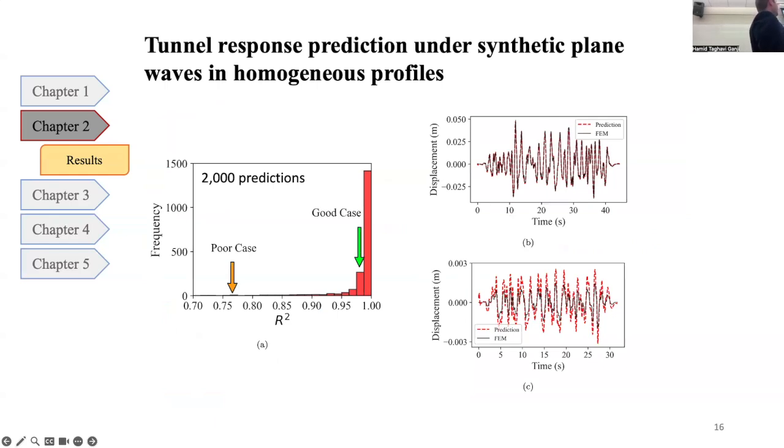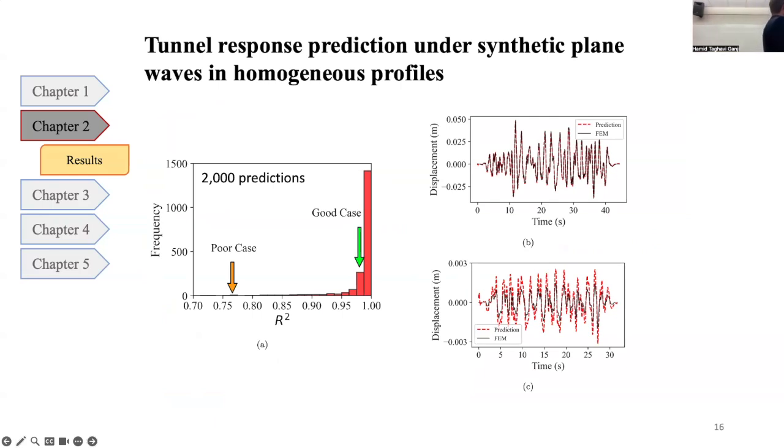The first test set that we considered for this project was white noises with different durations. We considered 50 white noises as the test set, and the duration of these white noises could be between 20 seconds up to 50 seconds. And we noticed that the majority of the responses have good accuracy. Their accuracy is more than 90%, but there are still some cases that their performance is poor.